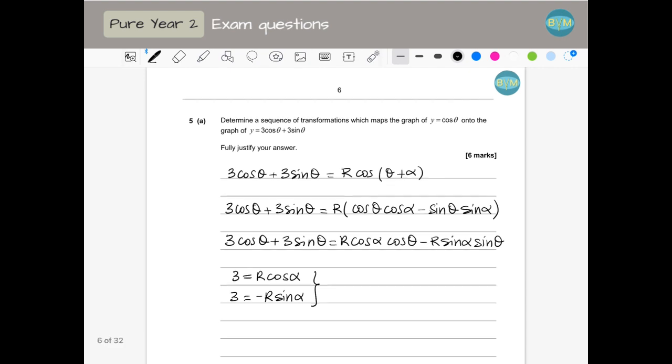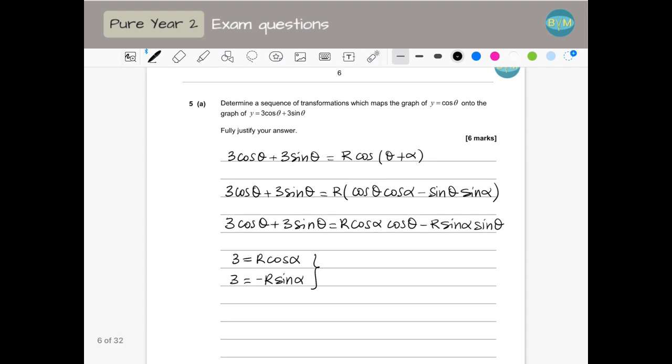Now I need to find alpha and to find r. To find alpha, I'm going to divide this one by this one, so I have sine divided by cos, which is tan. The r's cancel, and I have 3 divided by 3, 1, but I have a minus. So tan alpha is going to be minus 1.